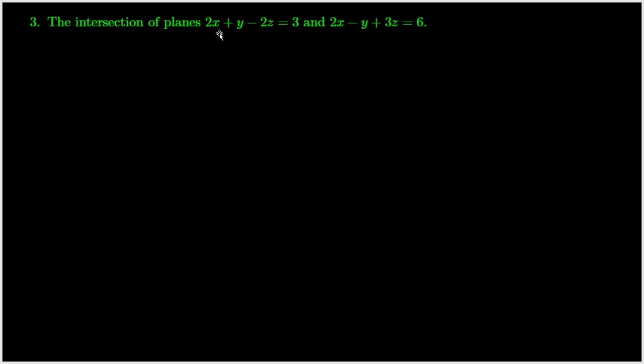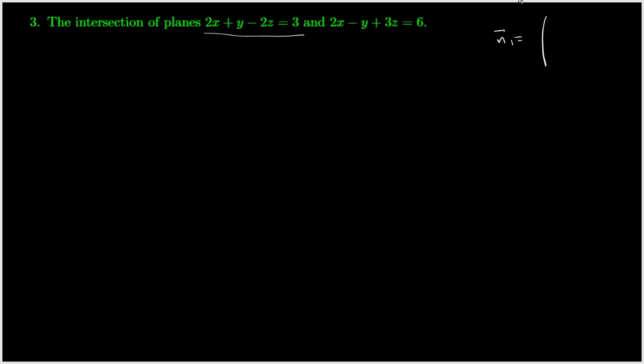The first plane, the underlined plane, has a normal vector whose three components come from the coefficients of x, y, and z. The first plane can use n1 to denote a normal vector of that plane.